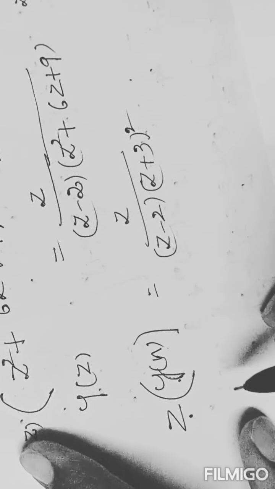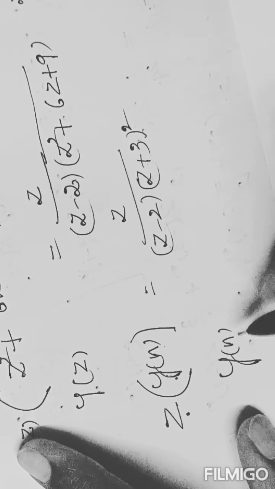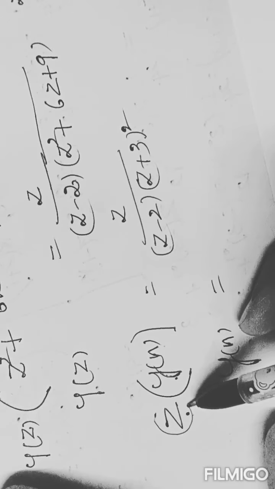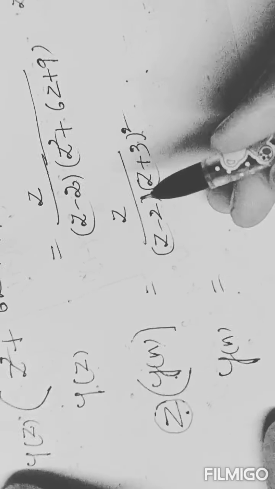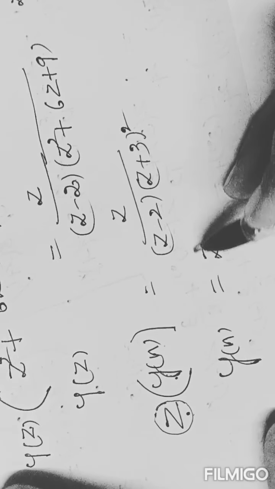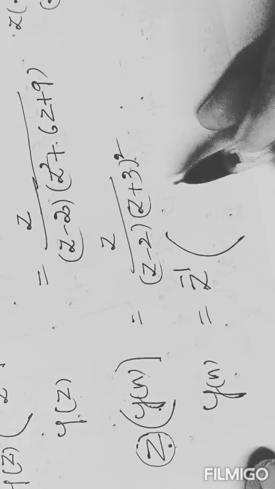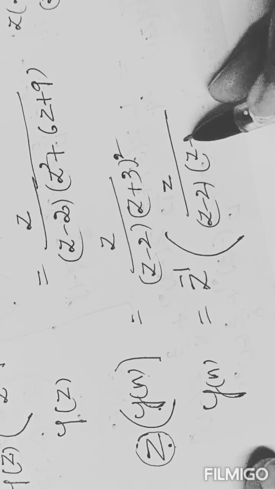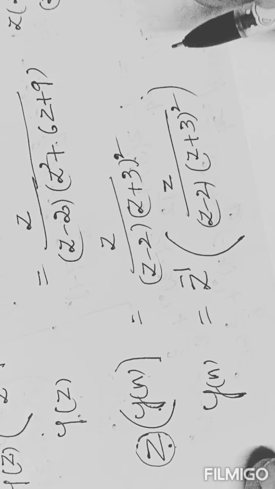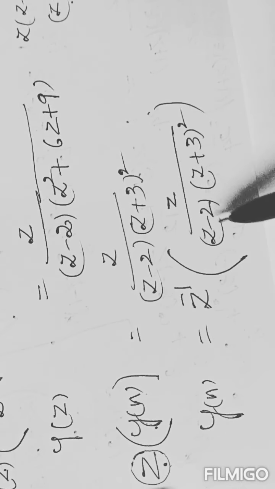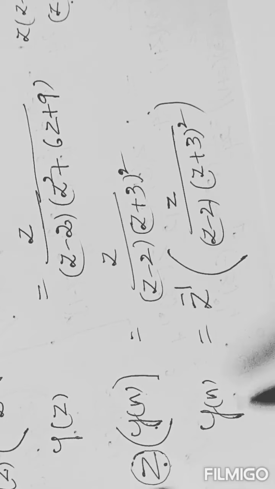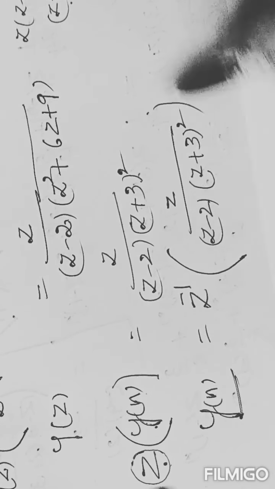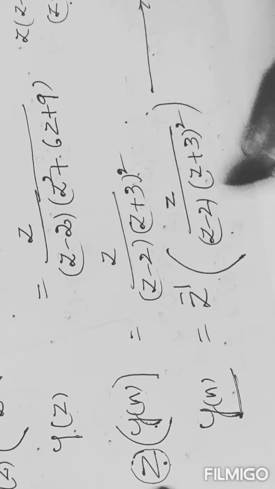Now y(n) only equals, write the Z transform operator to the right side, then the Z operator will be changed as Z inverse of z by z minus 2 into z plus 3 whole square. Z inverse of z by z minus 2 into z plus 3 whole square gives us the solution of the given difference equation. So take out this one separately.